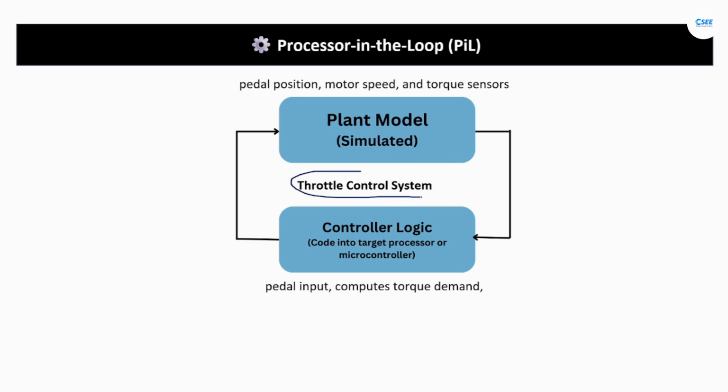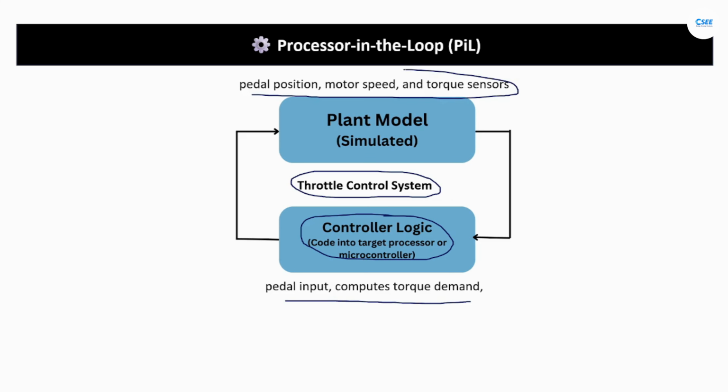Suppose you are developing a throttle control system for an electric vehicle. The control software reads a pedal input, computes a torque demand, and sends output commands to the motor controller. In PIL testing, the pedal position, motor speed, and torque sensors are simulated on your PC as part of the plant model. This simulated data is sent to your microcontroller via a communication link.